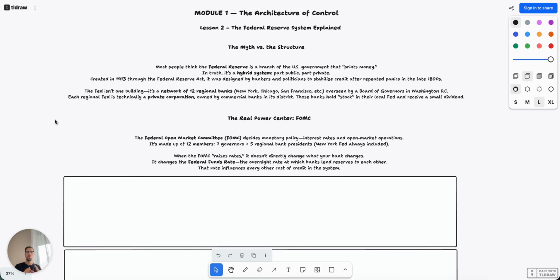It's not like when the Fed cuts or increases rates, the banks immediately adapt and charge you less or more. It doesn't work like that. But the federal funds rate stands at the core of every other cost in the credit markets, the liquidity markets, and the whole system.